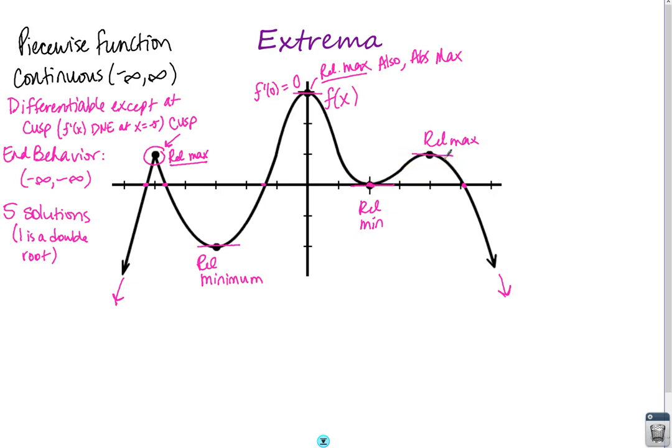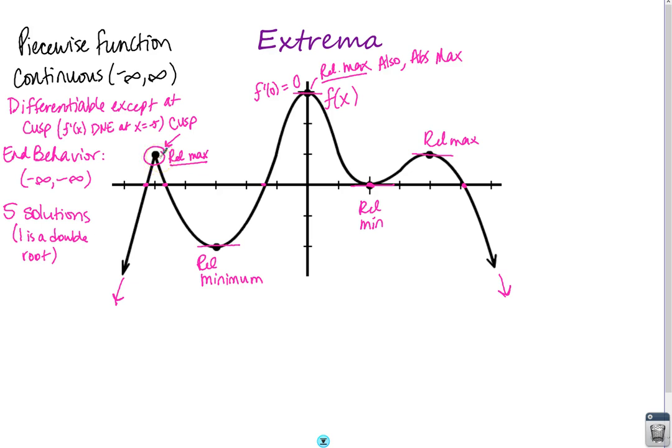So notice where your relative extrema are occurring, you have a derivative of 0. That might come in handy later. Maybe I should write that down. Where I have relative extrema. Now, again, is this true for all of them? Somebody should be raising a red flag and saying, no, it's not true at the cusp.